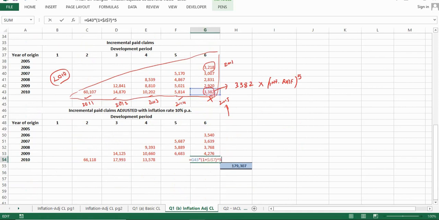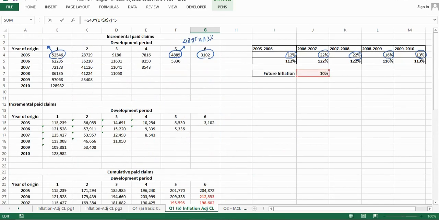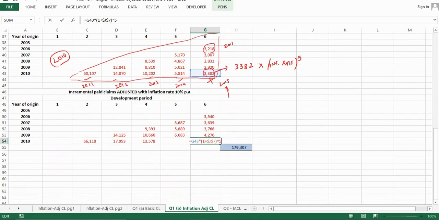For example, here it is 3382 times 1 plus the future inflation rate, which is assumed to be 10%, raised to the power of 5. So this is 2015. The values just before, these two, are in 2014. It is the same calculation, but now raised to the power of 4, because only 4 years ahead of 2010.